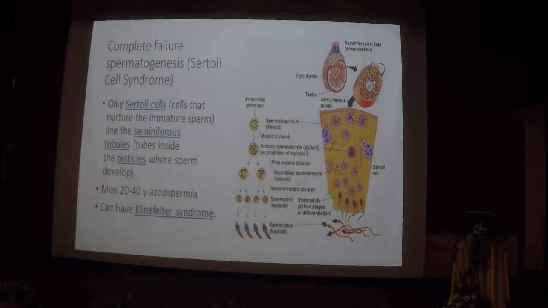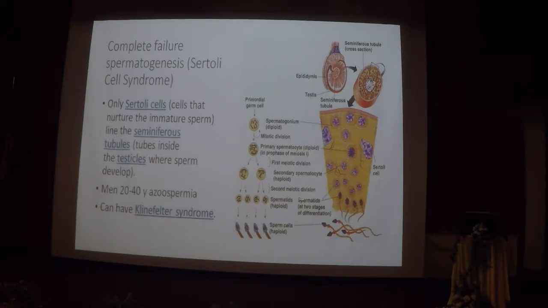So how is it formed? You cut it some more and look under the microscope. From primordial germ cell, it divides by mitotic division into primary spermatocytes, and then the first meiotic division into secondary spermatocytes, and this is where it matures. From spermatids it goes to spermatozoa.